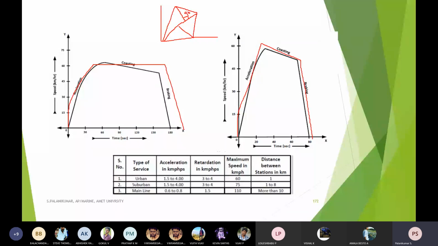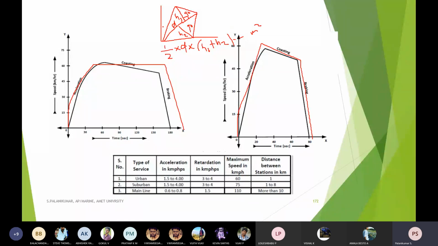So here 90 degree, here 90 degree. I am making this one as H1 and this one as H2 and this one as D. So the area of this particular trapezoid is half into D into H1 plus H2 meter square.